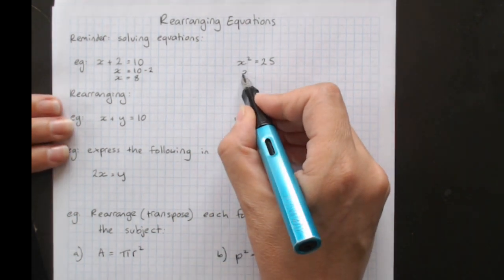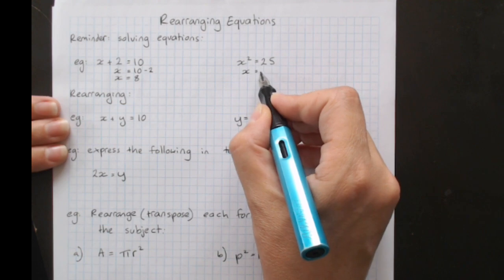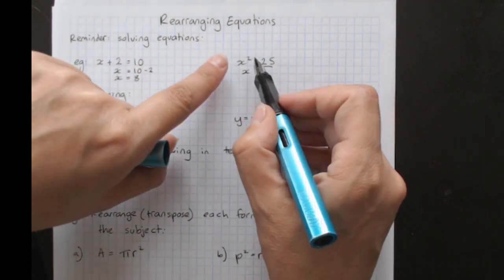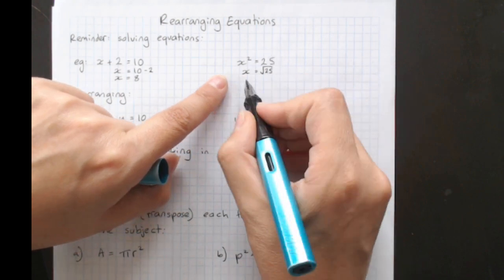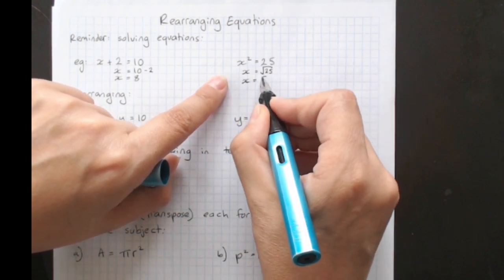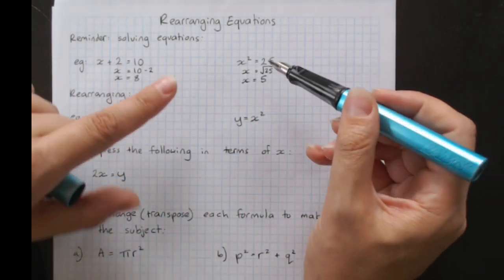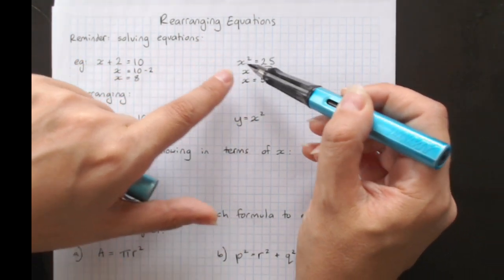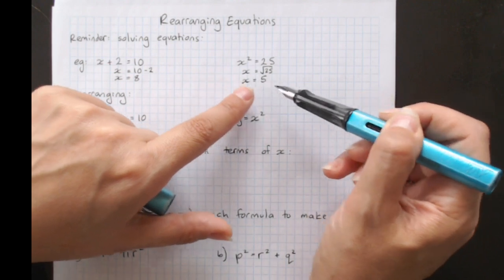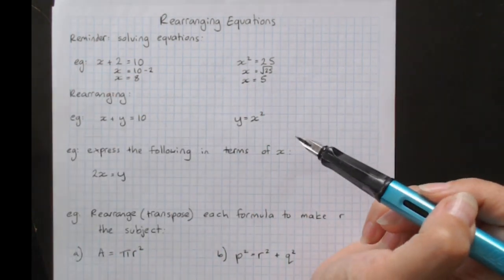So to reverse this to get back to x, I take the square root of both sides. Square root of x squared is just x, and the square root of 25 is 5. Check our working. x squared is 25, 5 squared is 25, so x must be 5.